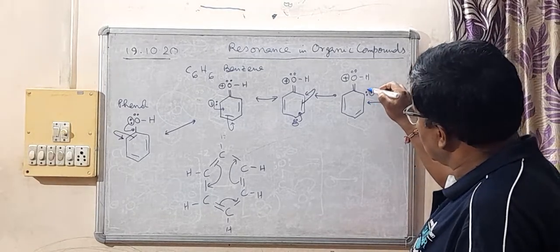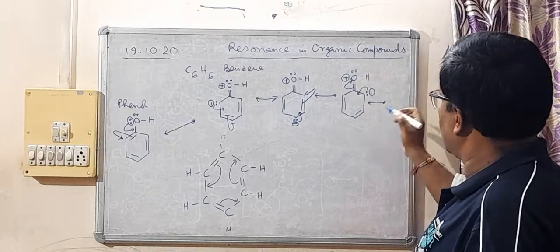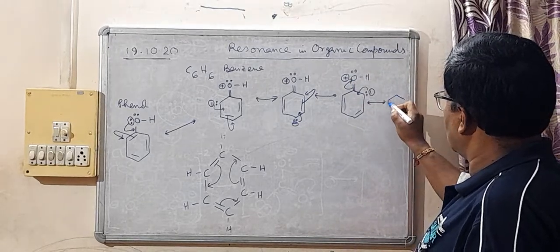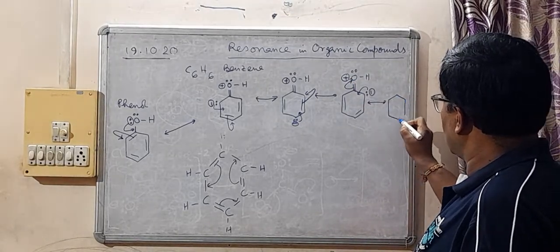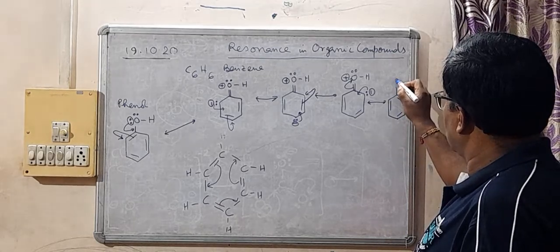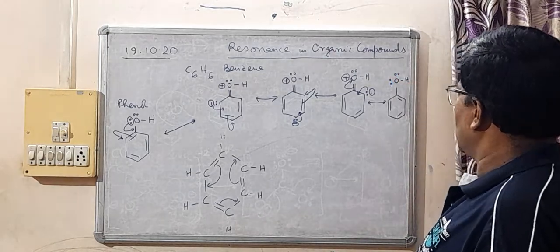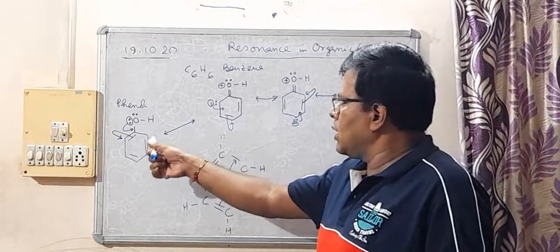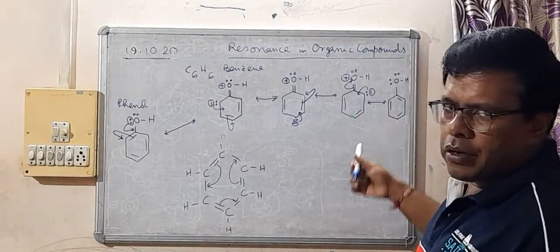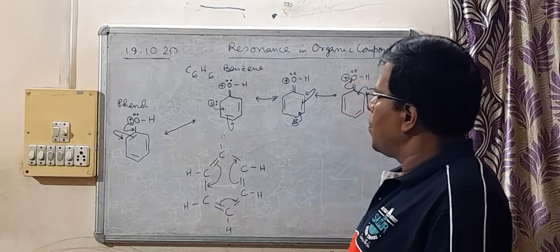And then this will come over here, will again go back here. So these are resonating structures or canonical structures for phenol.